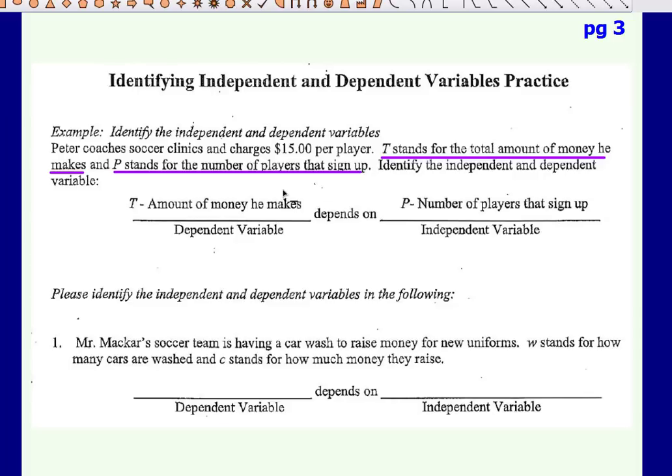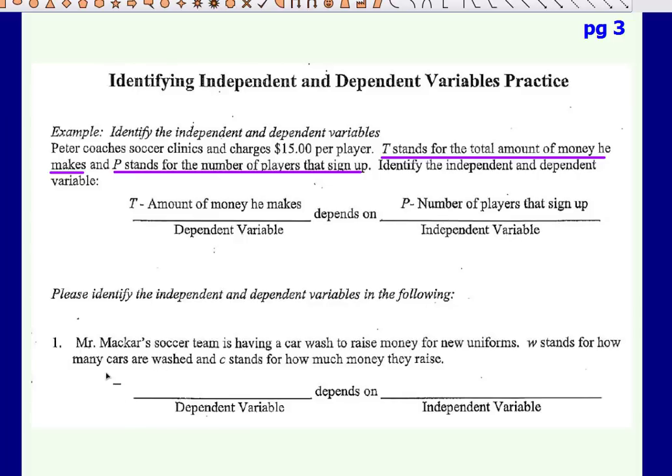That can freely change. But what cannot freely change is the total amount of money, because that depends on how many players are going to sign up. If 3 players sign up or 25 players sign up, Peter's going to make a lot more money if 25 players show up than 3 players. So the T, the amount of money he makes, depends on P, the number of players that sign up.